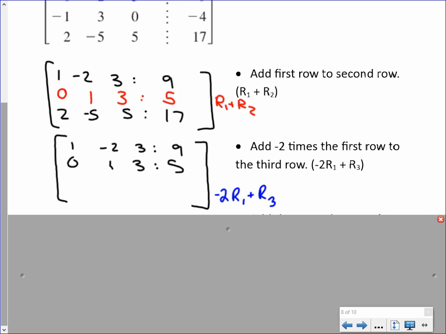So -2 times 1 plus 2 gives me 0. Do you see why they did that? So they could get their 0. Okay. -2 times -2 plus -5 is -1. -2 times 3 plus 5 is -1. -2 times -9 plus 17 is -1.